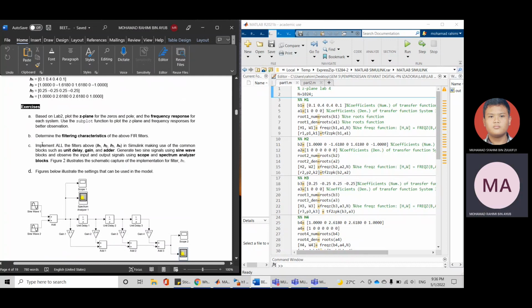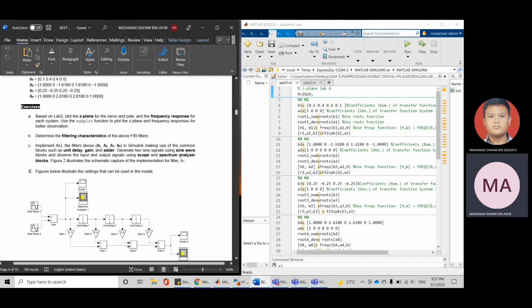And then for B, determine the filtering characteristic of the above FIR filters. For B, Syahmi will explain it in the question and discussion. C is to implement all the filters above, for H1, H2, H3 with the values given, in Simulink, making use of common blocks such as delay, gain, and adder.